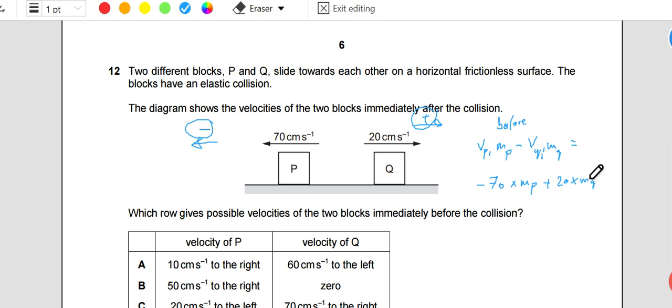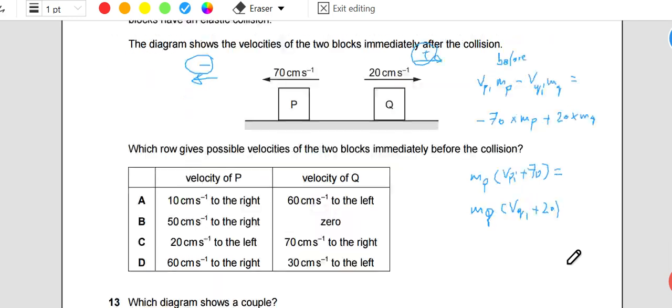We can rearrange by getting MB on one side, so it is MB (VBI plus 70), and the other side will be MQ (VQI plus 20).